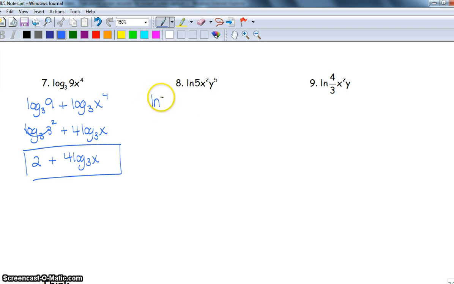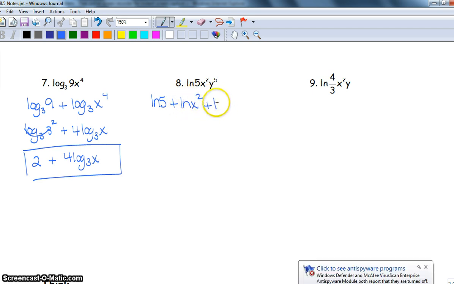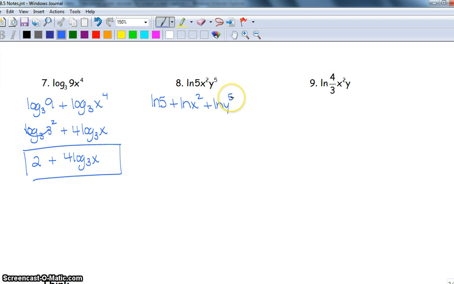So natural log of 5 plus natural log of x squared plus natural log of y to the 5th. Notice that the base we use here is going to be the same base that is used in every single problem. I've got log base 3 with my first piece, log base 3 with my second piece. So I have natural log here, I have natural log in all 3 pieces. Whatever that log is going to be the same log for all of your pieces.